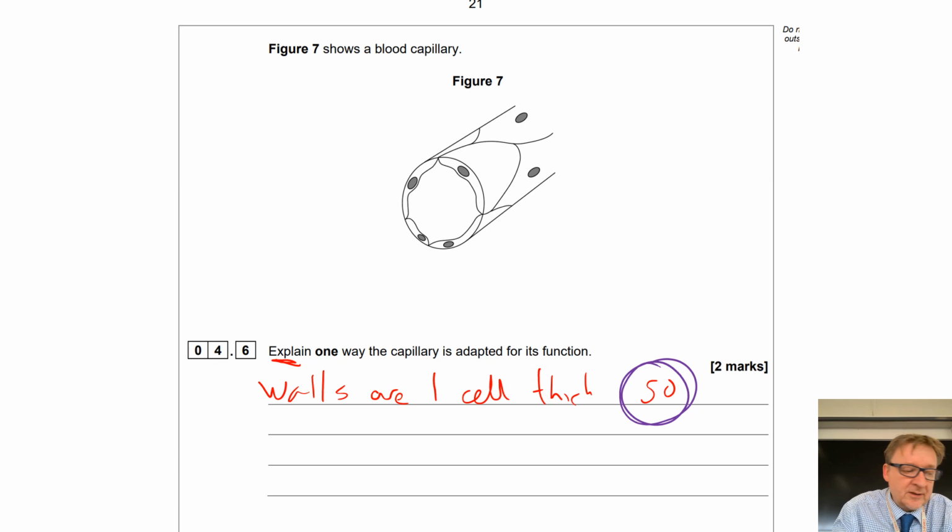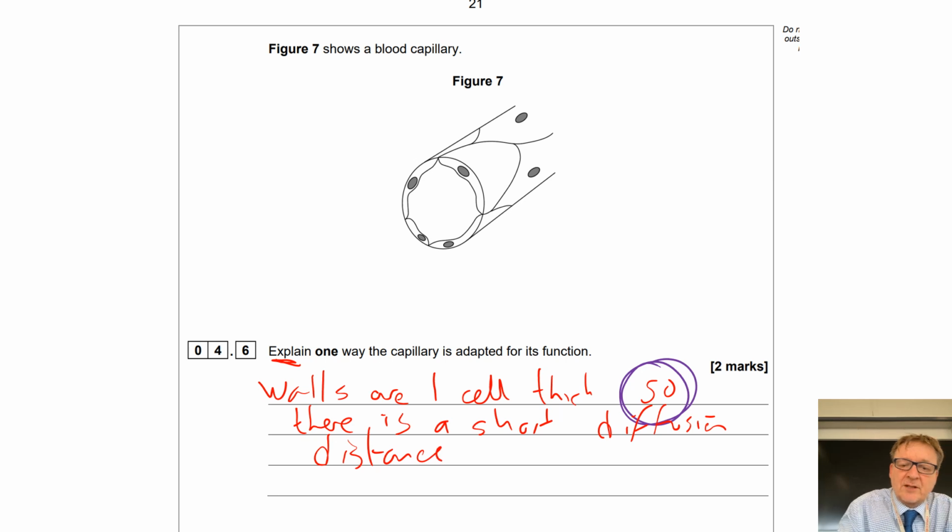So, there is a short diffusion distance. Okay, that's good. Maybe another one. Let's go for capillaries have a large surface area.